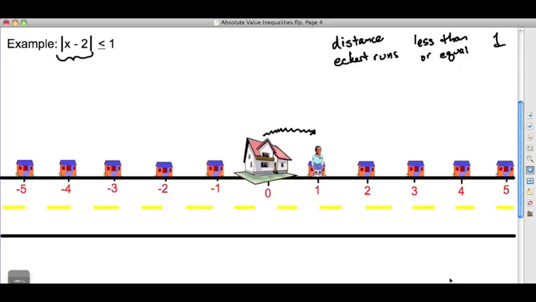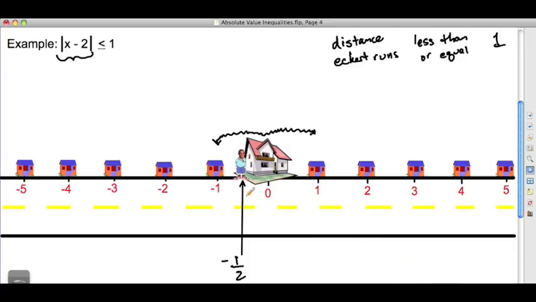But remember, I could also run this way. Okay? So I can run anywhere in here. All right, now I know that we don't have a house here at negative 1/2 on the number line. But let's say I only ran to negative 1/2. Well, look where negative 1/2 is.